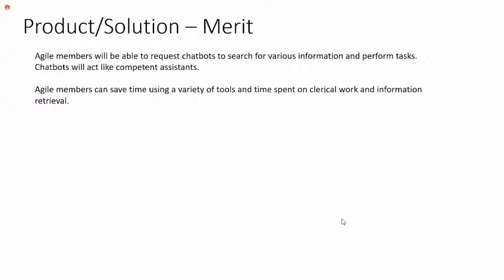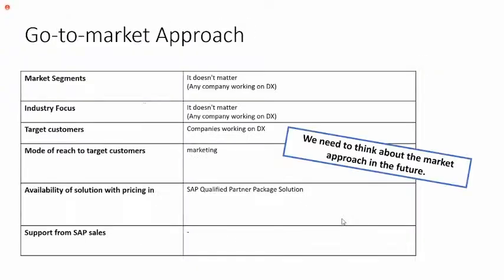The chatbot is kind of like an assistant that makes things possible for the Agile members, so they can concentrate on the Agile development while it works and finds information for them.